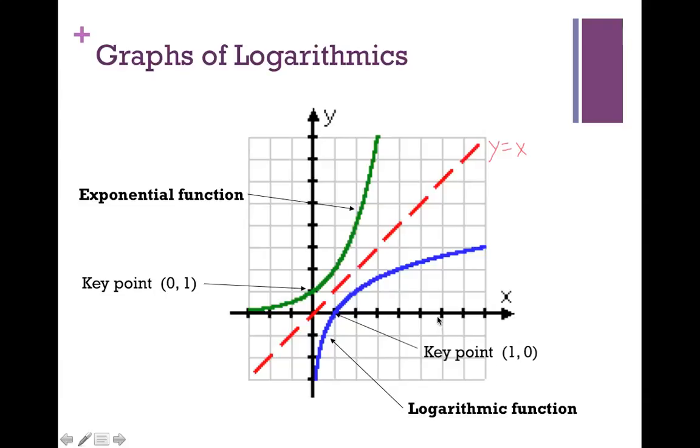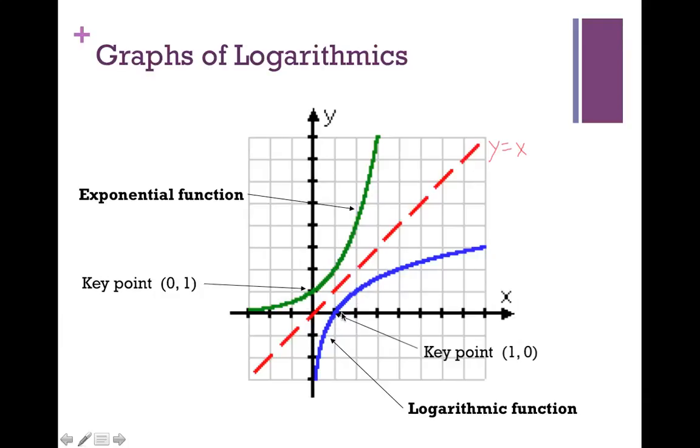We also need to take a look at the way the graph curves. With an exponential function, we know that it bends down and gets closer and closer to the x-axis as our x values get more and more negative. Well, when we reflect that through the y equals x line, now our curve is getting closer and closer to the 0 of x, which is the y-axis.